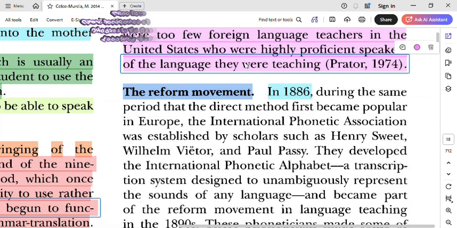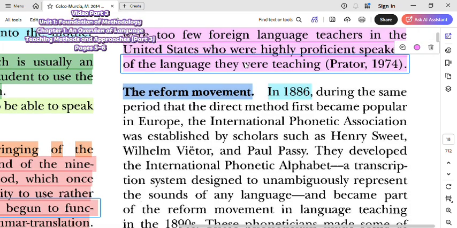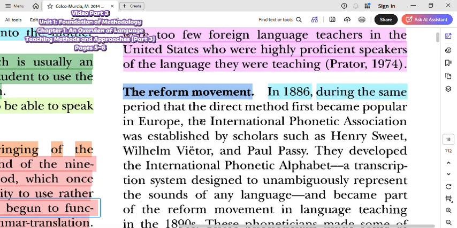1974. The Reform Movement. In 1886, during the same period that the direct method first became popular in Europe, the International Phonetic Association was established by scholars such as Henry Sweet, Wilhelm Viëtor, and Paul Passy.